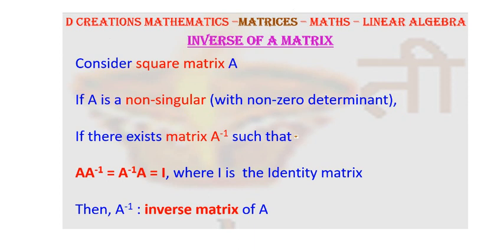That means for this matrix A, there exists a matrix A inverse such that the product of A and A inverse is equal to the product of A inverse and A, which is the identity matrix, which I just spoke about, that all the diagonal elements will be 1 and all the non-diagonal elements will be 0. So then this particular matrix A inverse is called the inverse matrix of A.